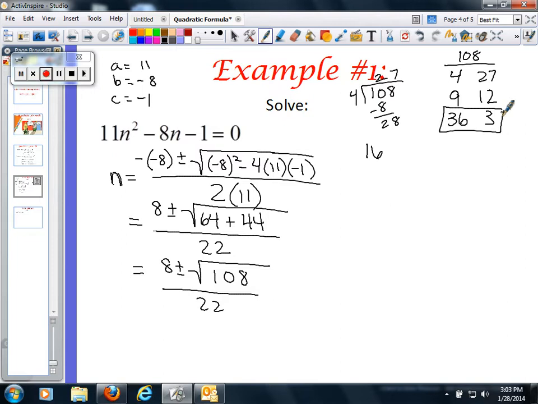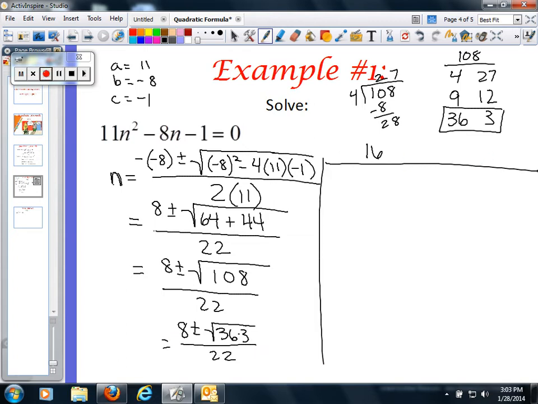So I'm going to rewrite this as 8 plus or minus the square root of 36 times 3 over 22. Okay? And I can take the square root of 36, so that's 8 plus or minus 6 square root of 3 over 22. Now I can factor, because I have an 8 and a 6 and they have a common factor with 22, I can actually cancel.